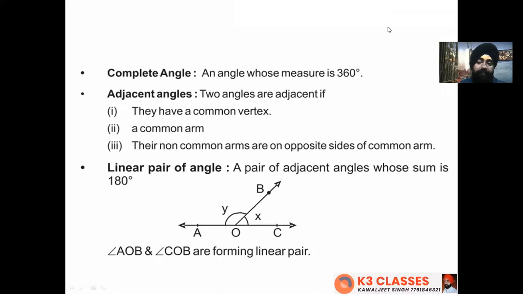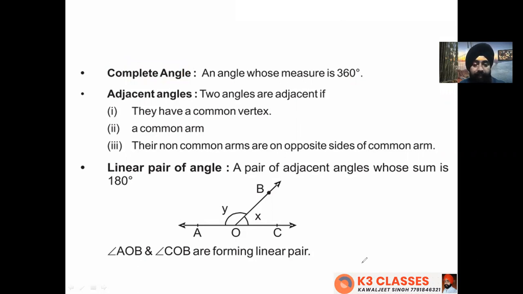Now, complete angle, which we discussed just before in the previous slide: an angle whose measure is exactly 360 degrees is known as a complete angle. Now the main part has started: how we relate angles in terms of adjacent angles. For adjacent angles, first of all we have to understand what an arm means.